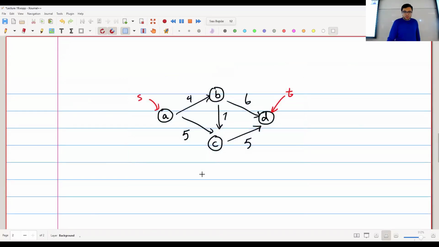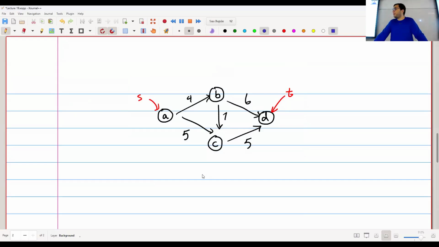Initially, my flow is 0, of course, because I'm not sending any flow anywhere. So let's say I want to start and send some flow, not necessarily an optimal amount, from A to D, from my source to my target. Okay, how can I do that?